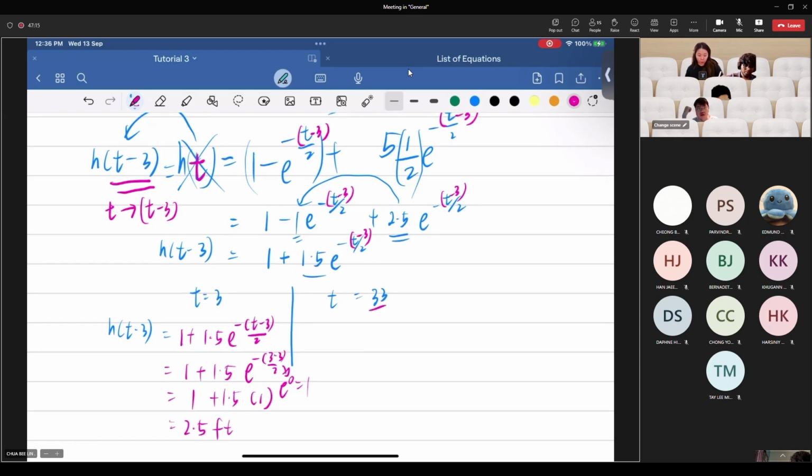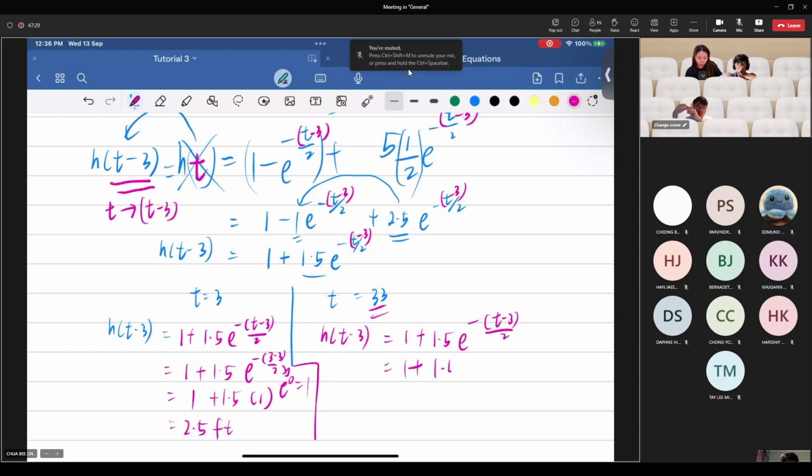So when t equals 33, repeat the same. 1 plus 1.5 e to the negative (33 minus 3) over 2.